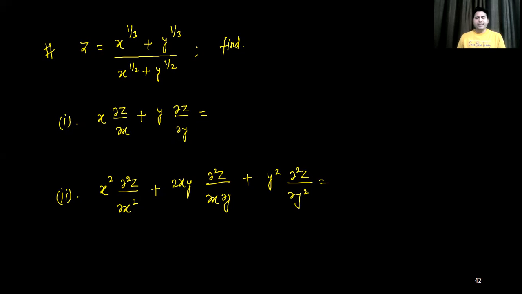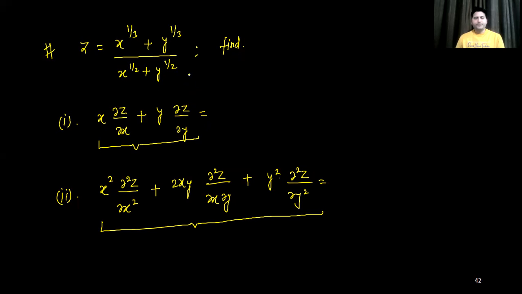These are the two results they are asking. If I am solving them in the descriptive manner, these two parts at least take 10 to 15 minutes if you are good in calculation. But if I'm using the concept of homogeneous and Euler formula, it will be solved within a fraction of the time.